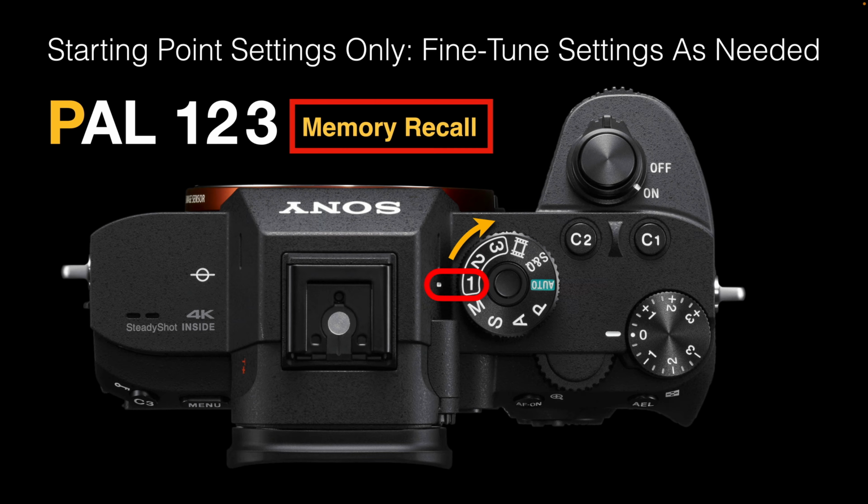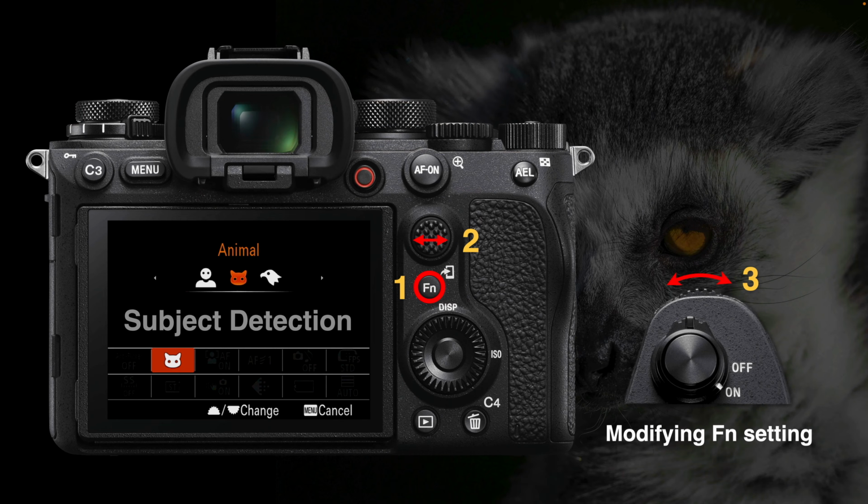Now these are starting point settings only, as I've stressed previously, and you might change the settings as you start shooting. You might adjust the aperture, you might adjust the ISO auto minimum shutter speed, you might adjust the subject detection from human to animal.